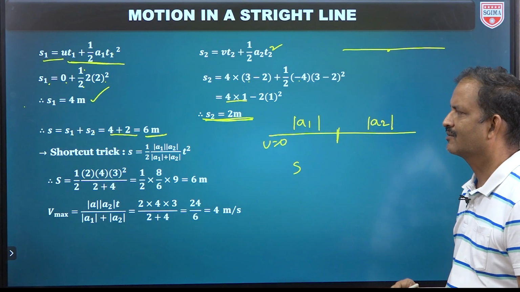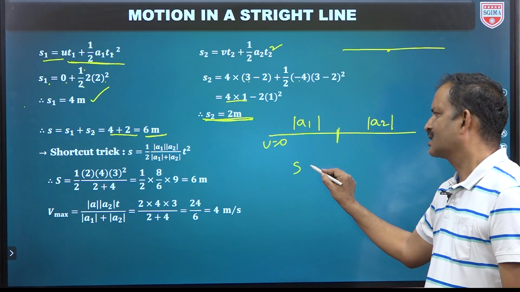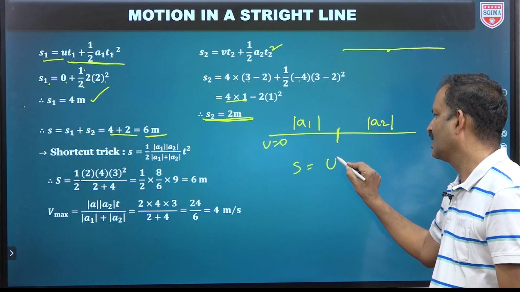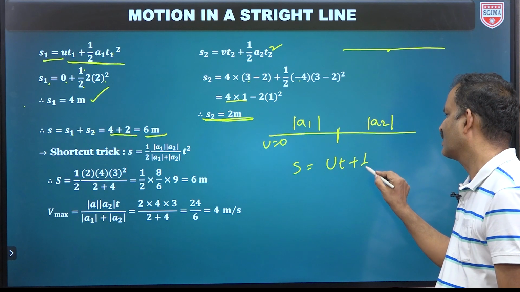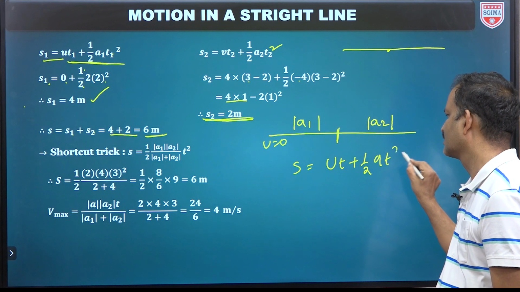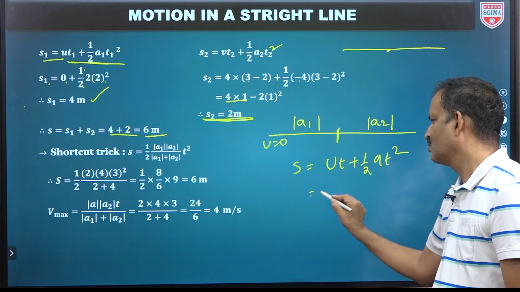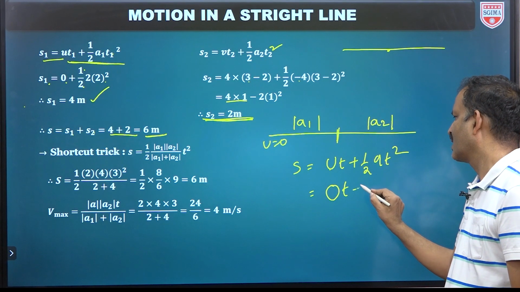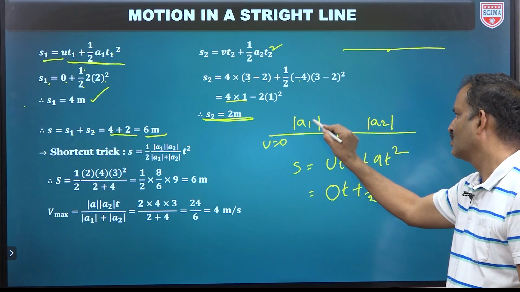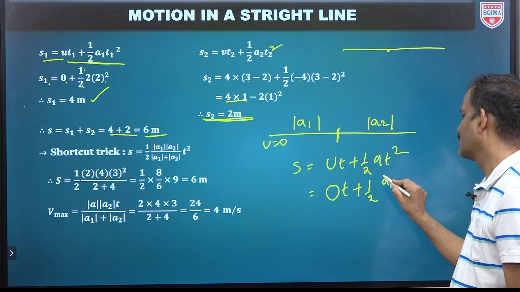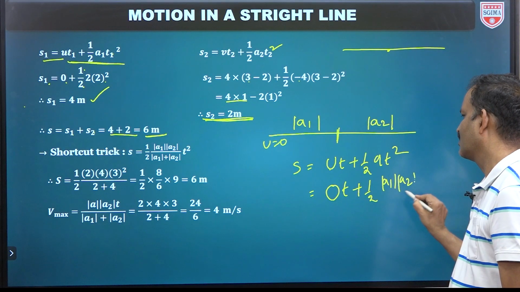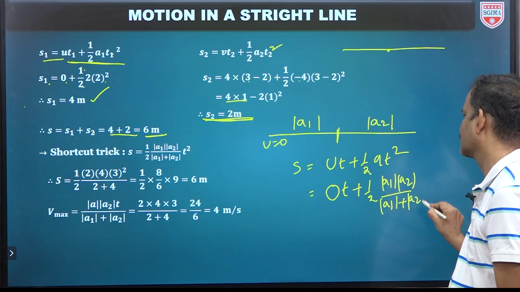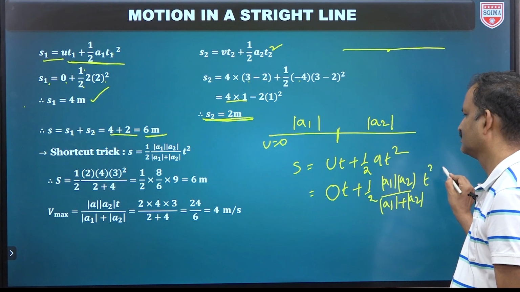You have to remember that one only. s is equal to u t plus half a t squared. Instead of u, you write 0 into t, plus instead of a, you write a1 a2 by a1 plus a2. Only magnitudes you have to take. Don't take negative acceleration into total time.